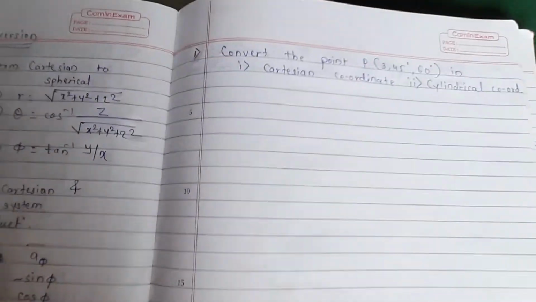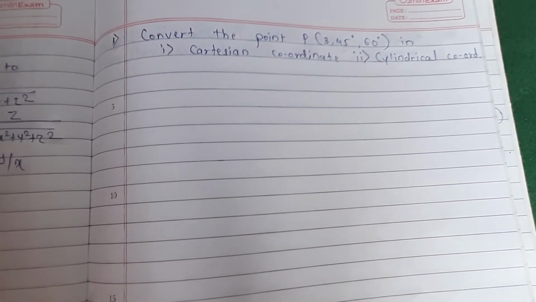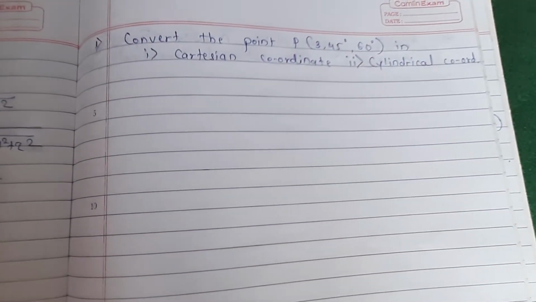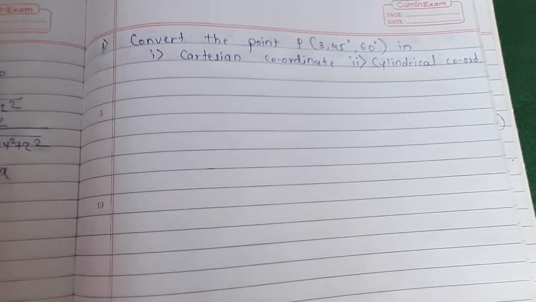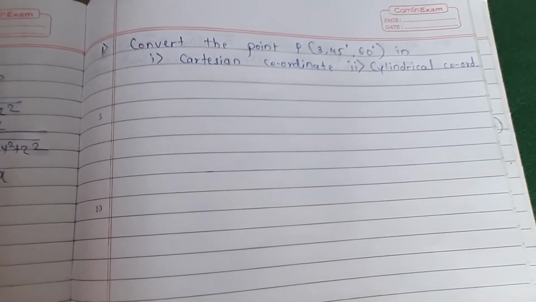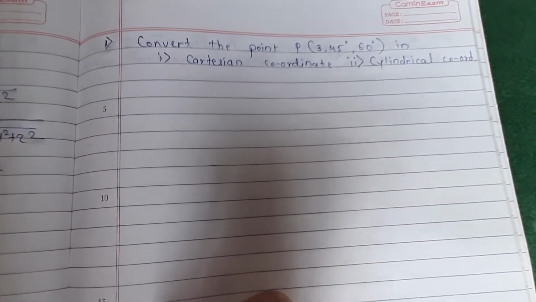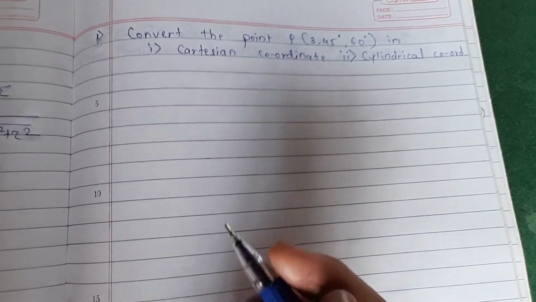So we will see the first problem. The first problem is to convert the point P having values 3, 45 degree, 60 degree into, first, the Cartesian coordinate and second, the cylindrical coordinate. So here point P is specified in the spherical coordinate system.